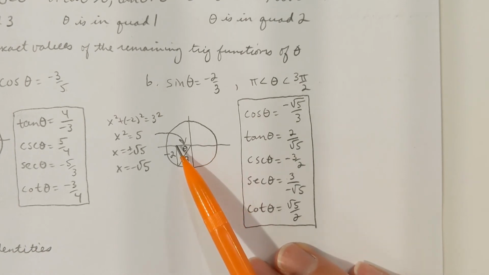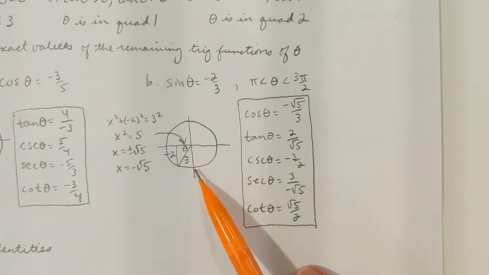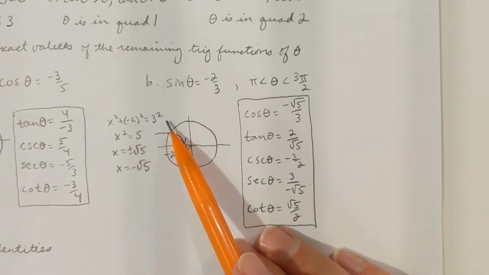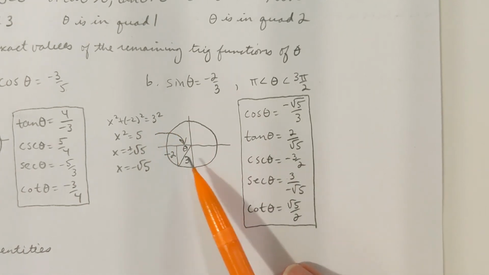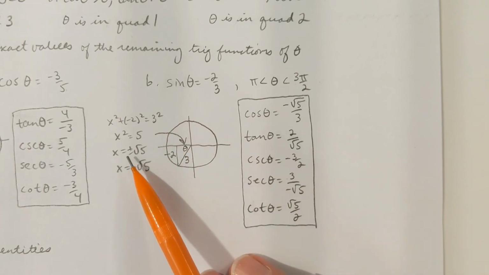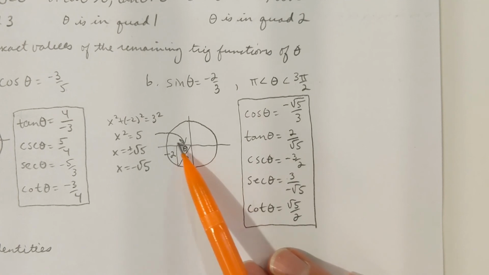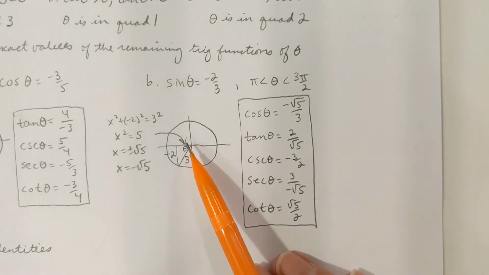And the adjacent side is also going to be a negative here, since I'm going to the left of the center. If I just temporarily call that x and then use the Pythagorean theorem, the sum of the squares of the legs equals the square of the hypotenuse. If you solve for x, x would be plus or minus root 5. Now x has to be negative since you're going to the left of the center. So negative root 5 would be the adjacent side in this triangle.